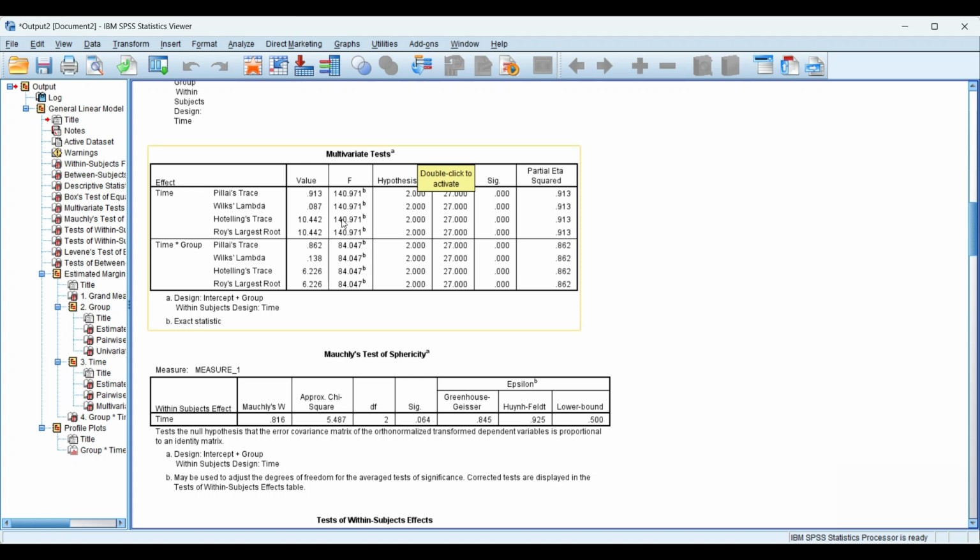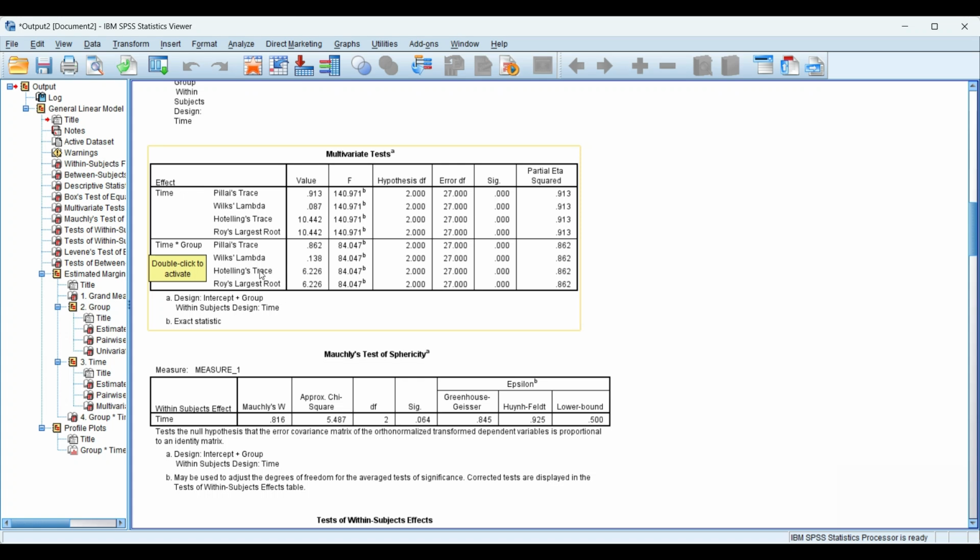So you can also assess the Pillai's test, as you can indicate that participant scores changed significantly across the three measurement occasions. Furthermore, the interaction time versus group, the interaction impact between time and group was also significant, you can see, if we use Pillai's, Wilks' lambda and any other suggested method.